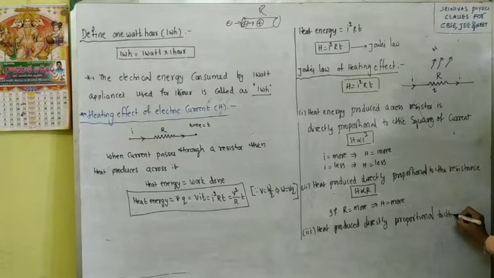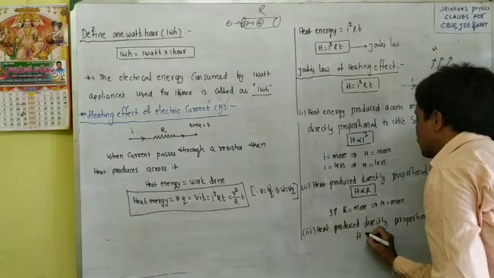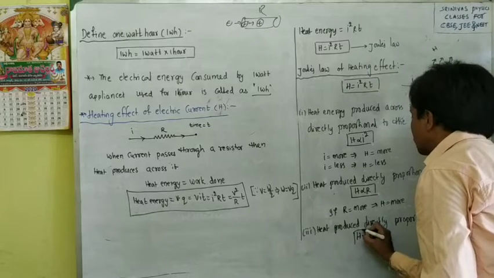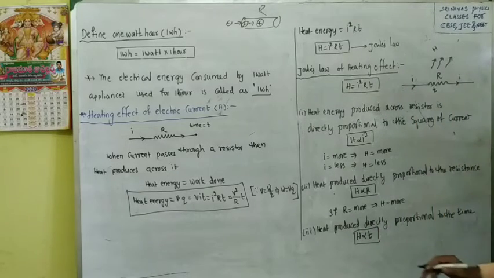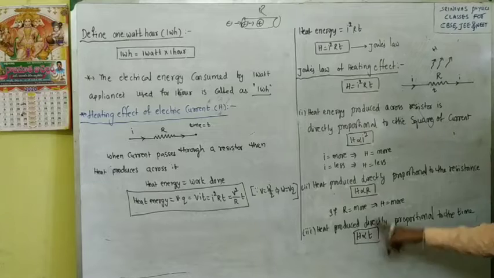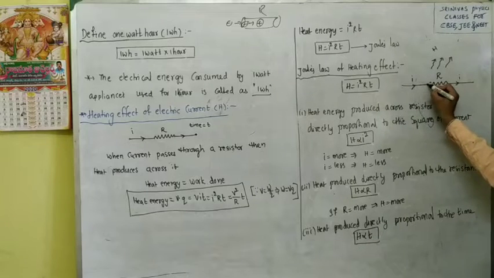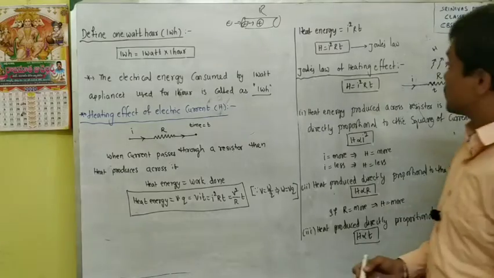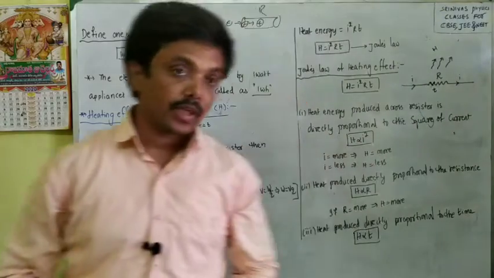That means H is proportional to T. If you send the current for more time through the heater or resistor, then more heat will develop. This is Joule's law.